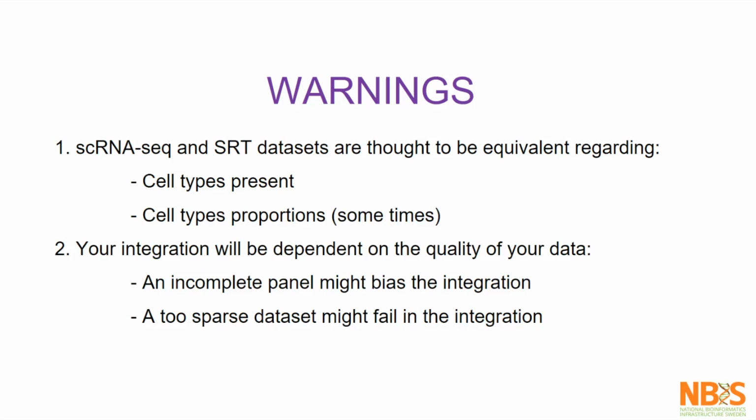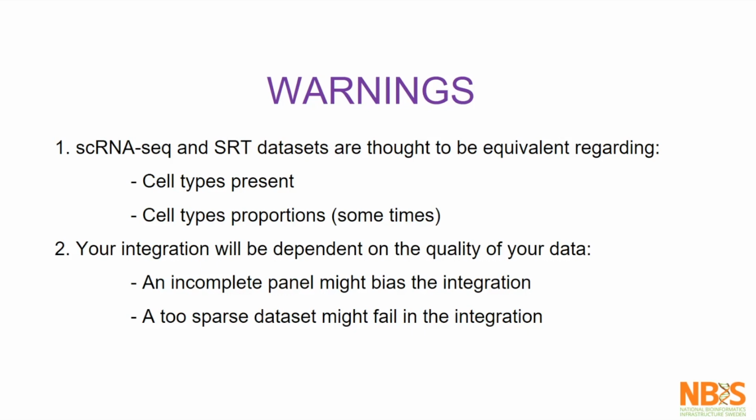And another thing you need to take into account is that your integration will be dependent on the quality of your data. This means that an incomplete panel, now I'm talking about spatial, an incomplete panel that doesn't include all the proper markers for the different cell types that you have in your tissue might bias the integration or lead to a bad integration.